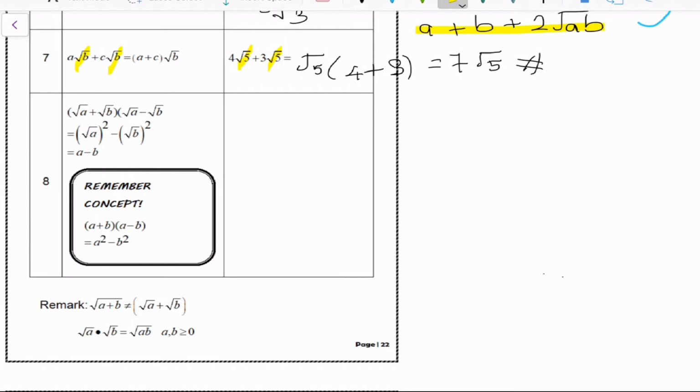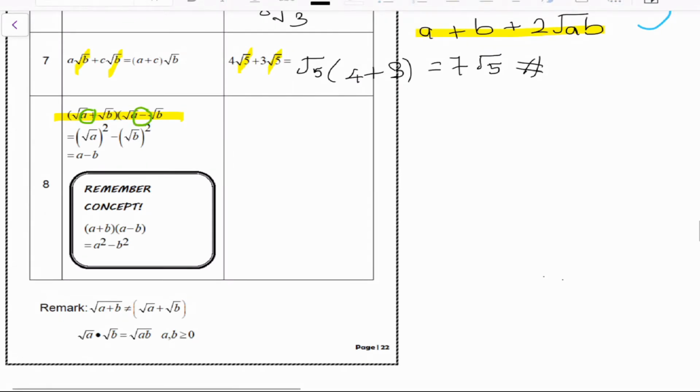The last rule of surd that we have here, surd A plus surd B times surd A minus surd B. So the only difference here is the sign, positive and negative.